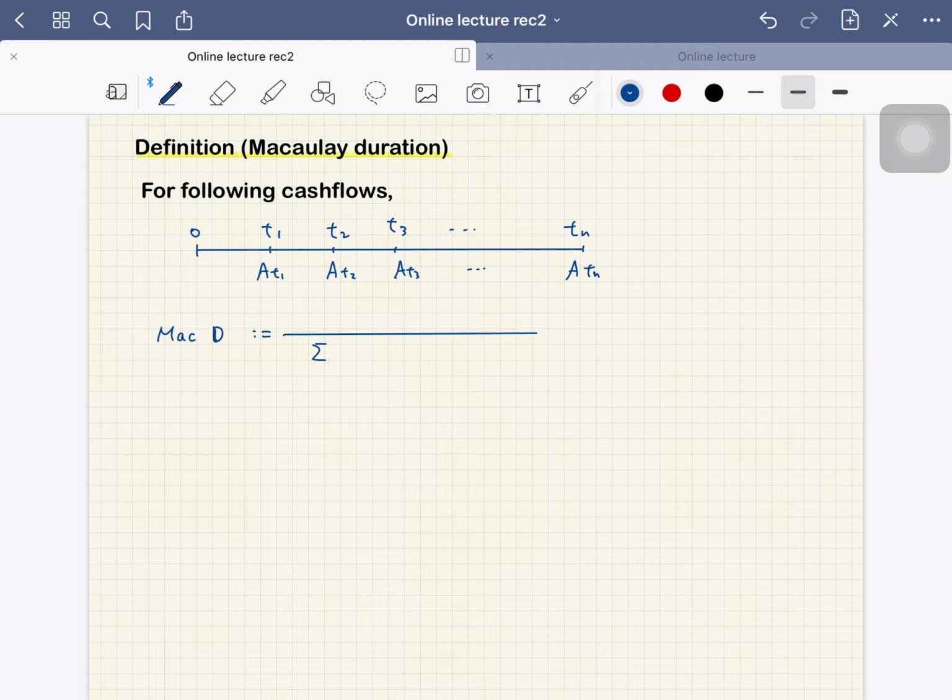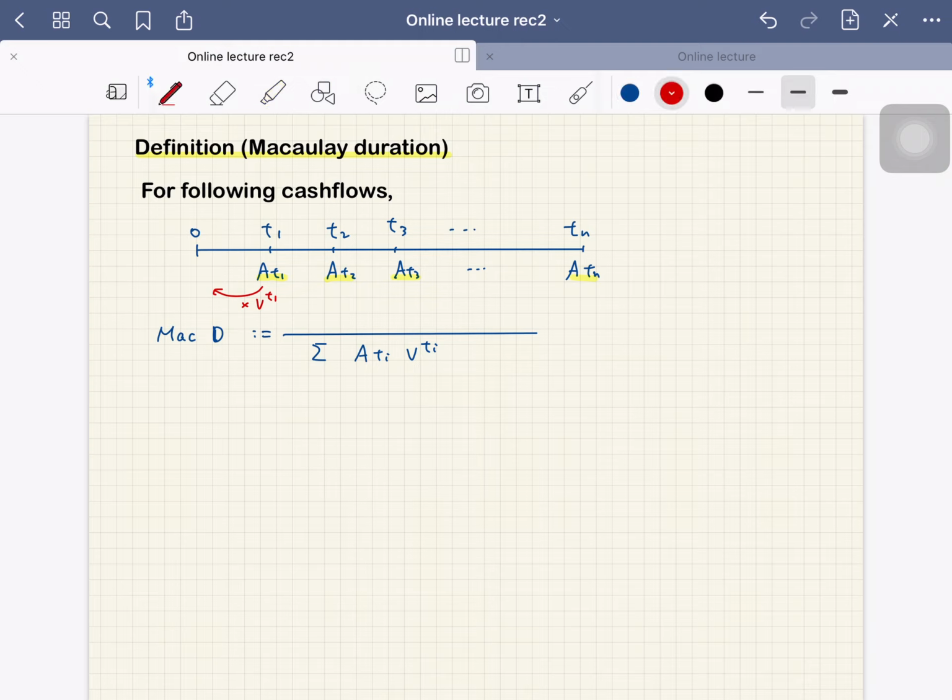That is a sub ti times v to the power ti. So you can see that, for example, for a sub t1, we think about the present value, so we have to multiply by v to the power t1. So for the denominator, the present value, we take the summation of all cash flows, a sub t1 to a sub tn.